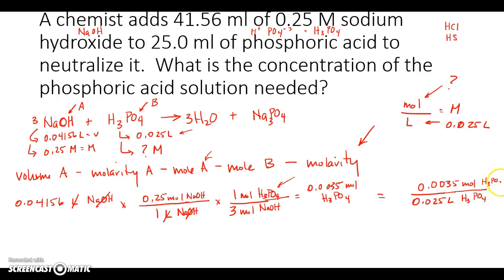And that gives me my molarity. Now, of course, we want to actually make that into a single digit, or not a fraction. And so when I divide those out, that works out to be 0.14 molar solution of H3PO4.